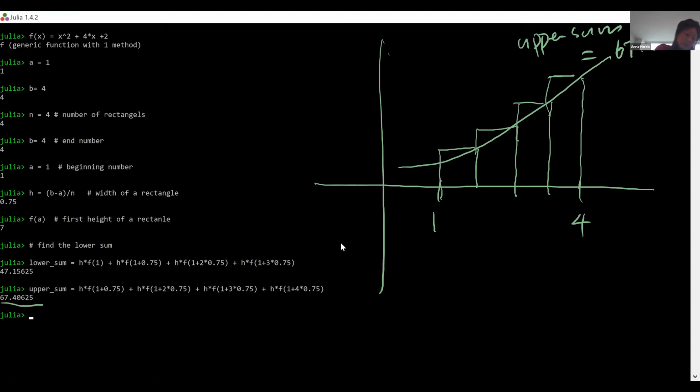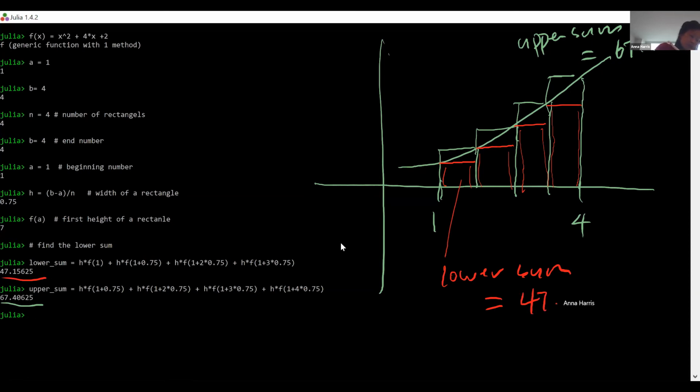Okay, now I'm going to do lower sum. Lower sum is this. And when you add all the lower sums, it is equal to 47.156.